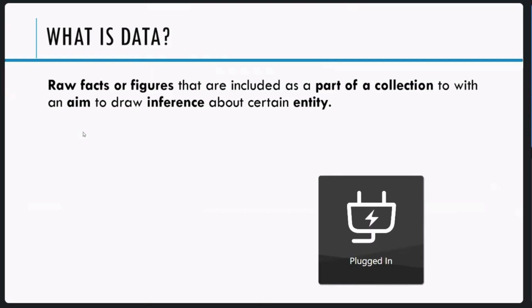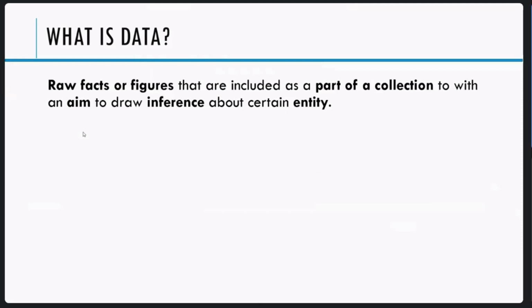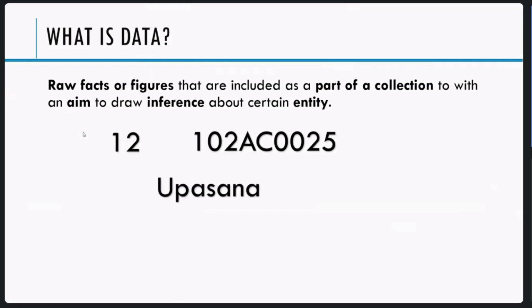Okay. So to understand it better, I will give some examples. Suppose I will write somewhere 12, then alphanumeric values such as 10 2AC 0025, then another set of values that is Upasana and New Delhi.